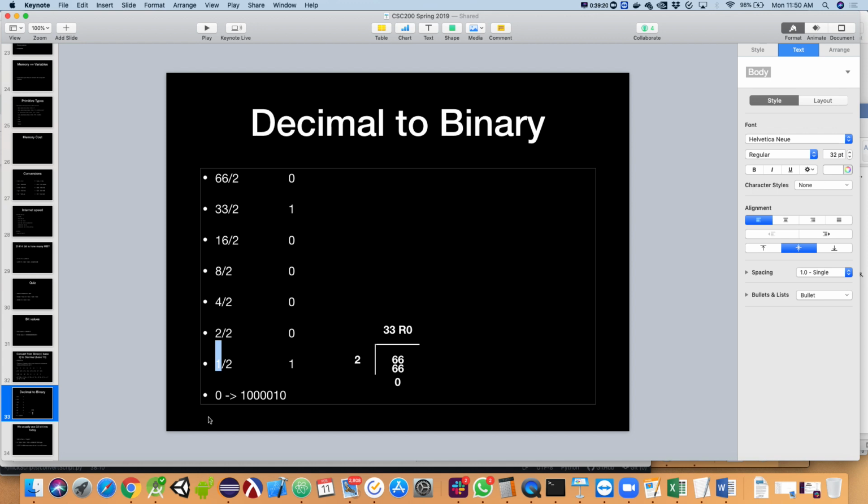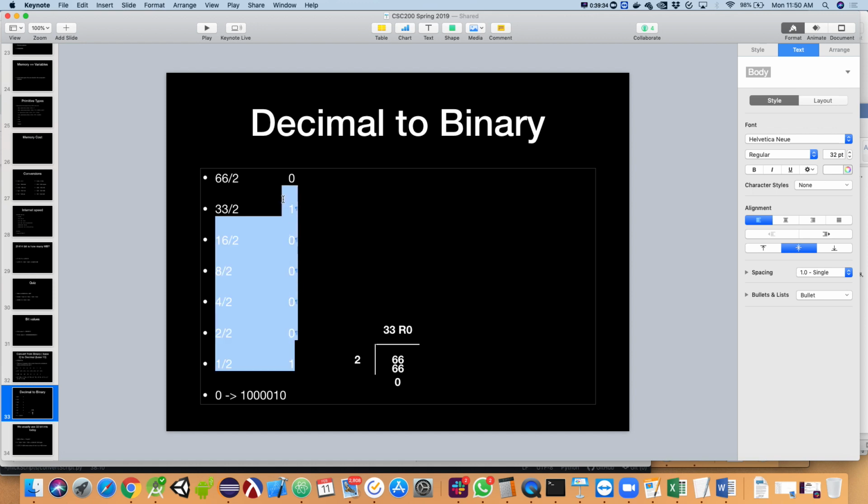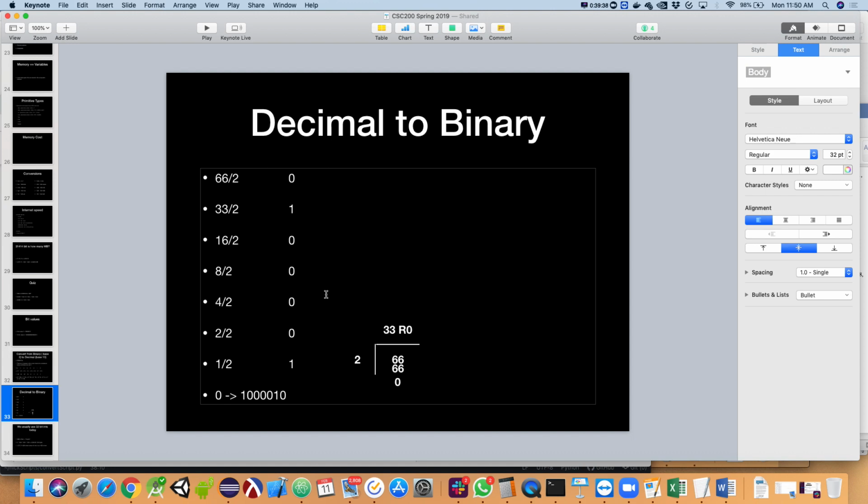I'm not doing something special there on the end. But I do know that I'm finished when I finally get a 0 down here. I've whittled this guy down to nothing, so when I have a 0 there I know I have my final number, reading it from bottom up to the right, and my number was made up of remainders.